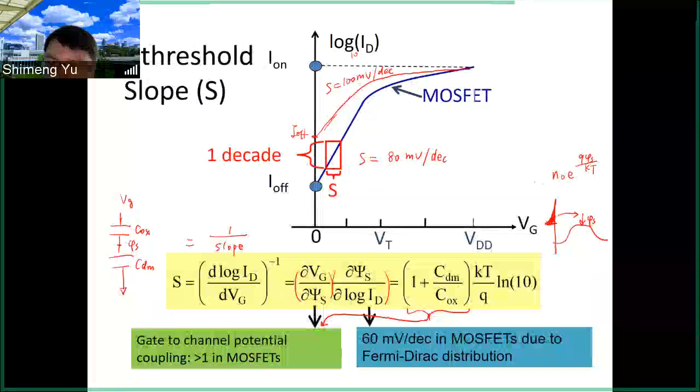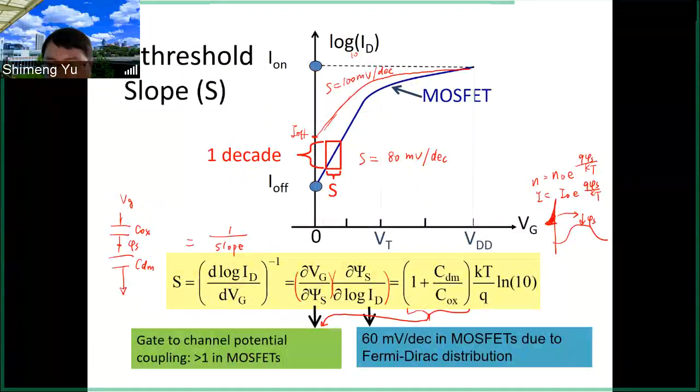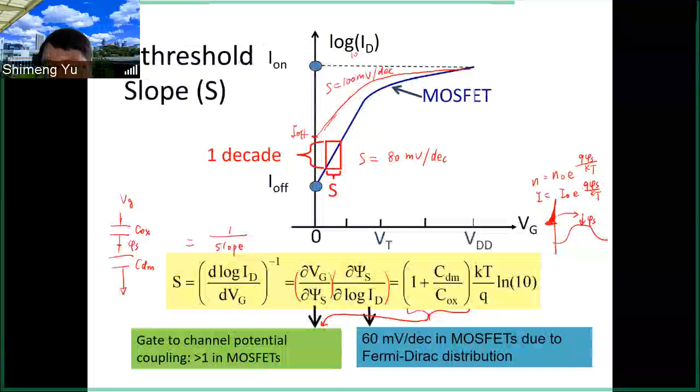This is the electron over the barrier. The current also exponentially depends on the phi s. So if you take the derivative of the phi s with respect to this current, then what is left is this kt over q. That is why you have the kt over q here.